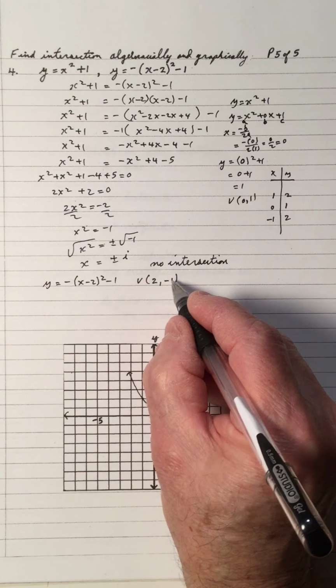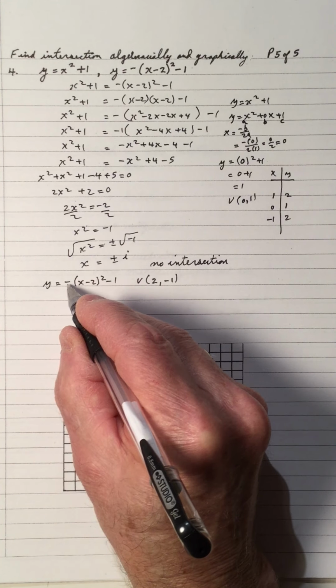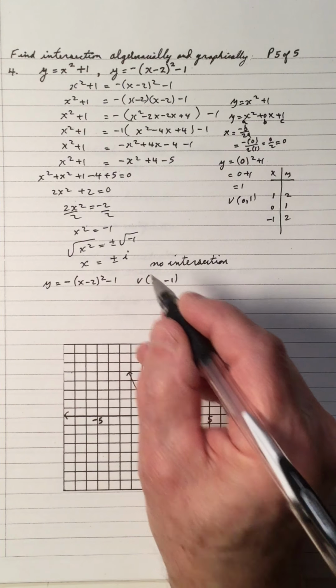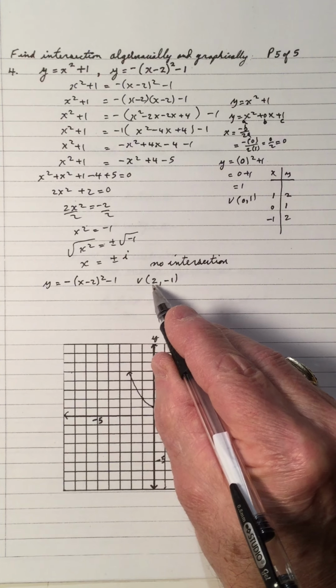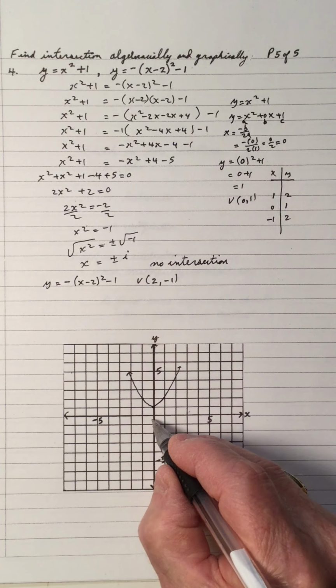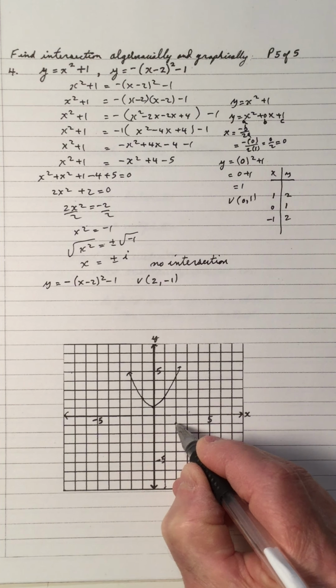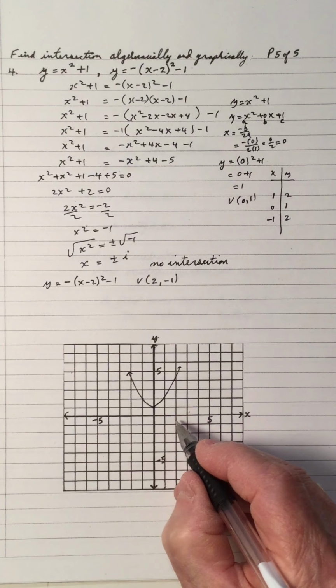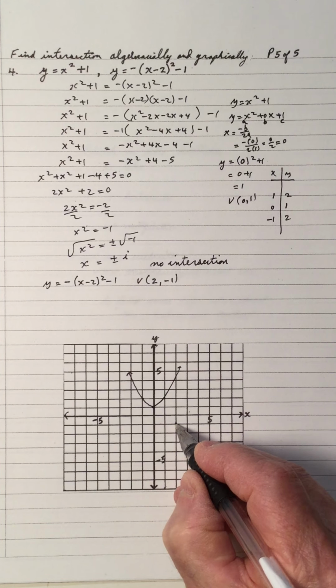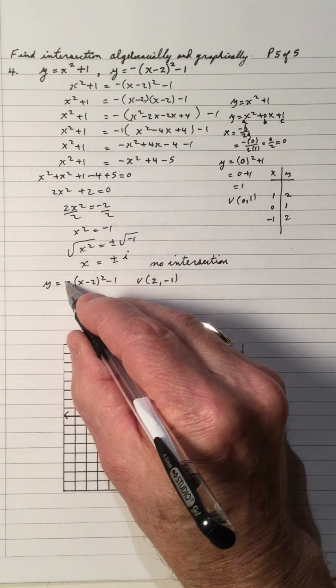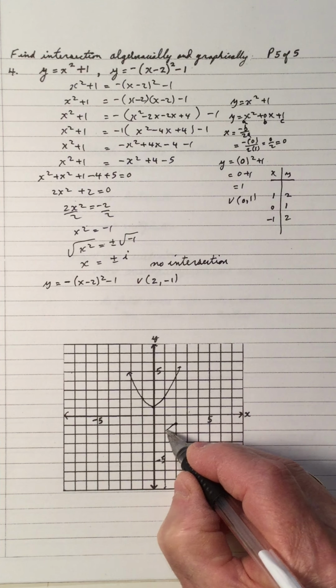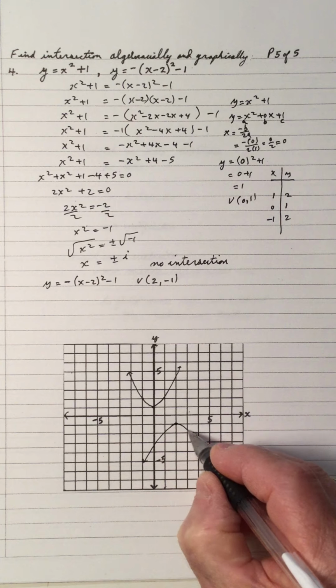So the vertex is (negative 2, negative 1), and it opens downward. Notice there's a negative here, so it's opening down. So let's just see. If the vertex is at x negative 2, y negative 1, right there. There's your vertex. And because it's negative, it's opening down. So this parabola has this vertex here opening downward because of the negative. Then this parabola has to do this.